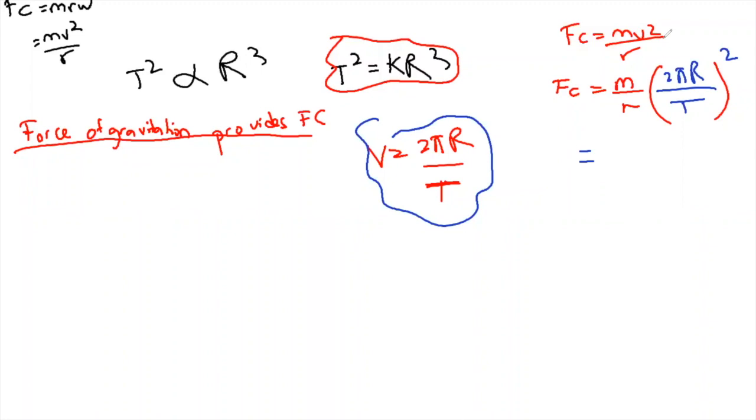I know it's going to be a bit hard to write, but let's do this together. Guys, can anyone tell me, what am I going to get here? What is going to be Fc? Come on, just square it and tell me.